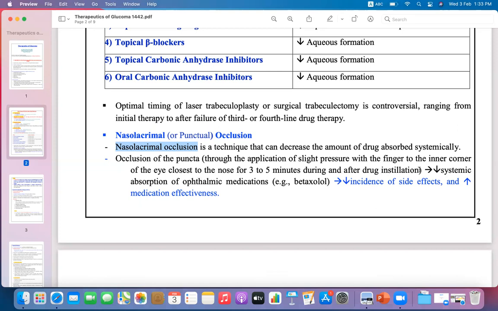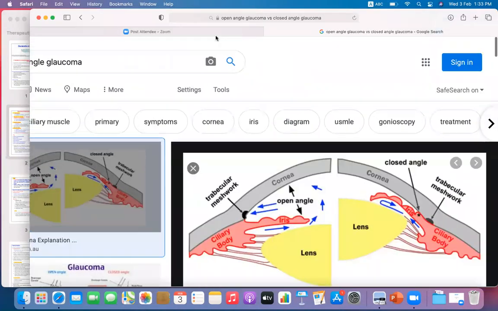What will happen? It will decrease the systemic absorption of ophthalmic medication, for example betaxolol, and it will decrease the incidence of side effects and increase the target medication effectiveness. So what is this nasolacrimal occlusion? Let us see in the diagram.